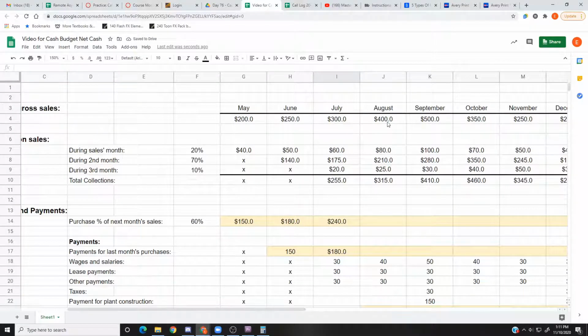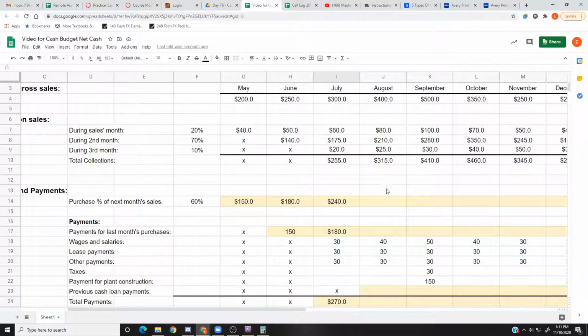Go to the top. We start over. Go to August. In August, we expect to sell $400 worth of items. We are collecting sales on August, July, and on June. We're expecting to make $315 in cash this month. Now, of course, I've got to purchase next month's supplies.